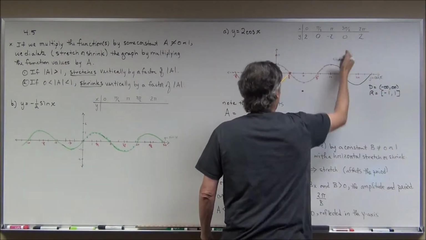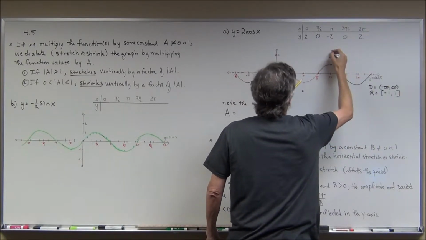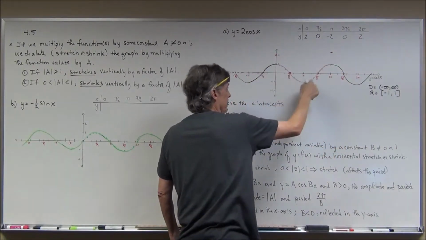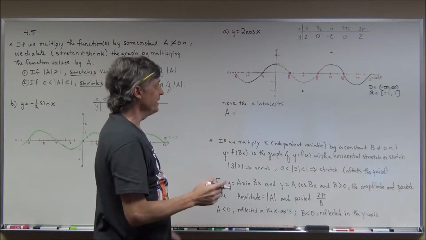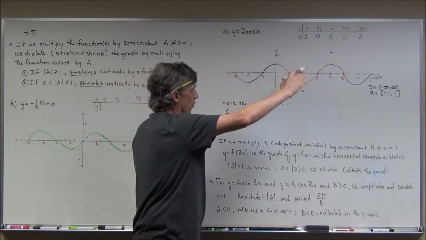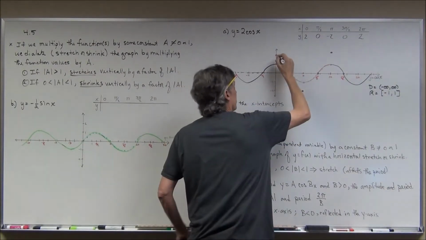If I plug in 3 pi over 2, I'm back to 0. 2 pi, I'm at 2. Now, 1, 2, 3, 4, 5 points. Those 5 points are enough to come up with a reasonable sketch of what's going on with my curve. Because I know the basic shape, the wave. Now I just have to stretch it out a little bit.